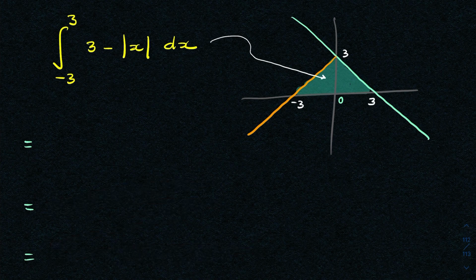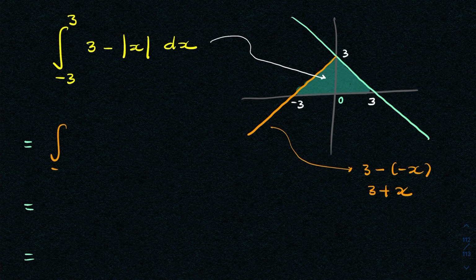So recognizing that this function here is 3 minus x, because this has a positive slope because of the modulus, so it's actually a different line. It's 3 plus x. You end up with two integrations, an integration from minus 3 to 0 of 3 plus x dx, and a separate integration from 0 to 3 of 3 minus x dx.